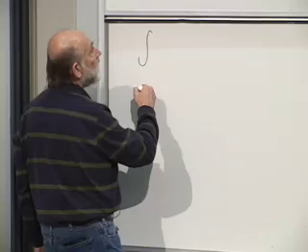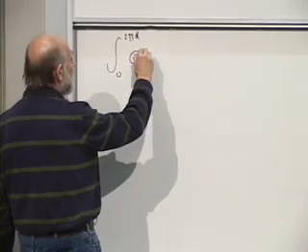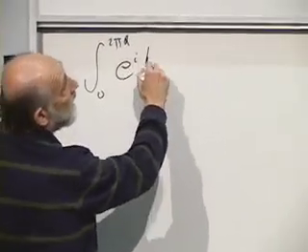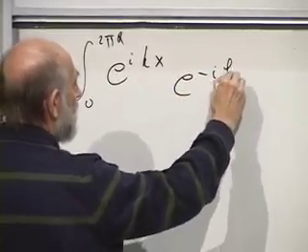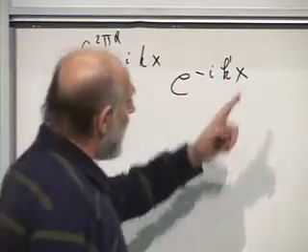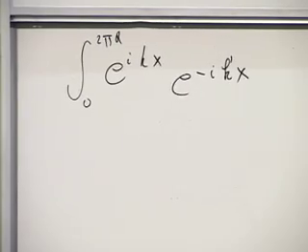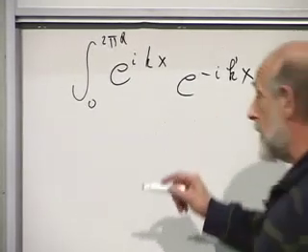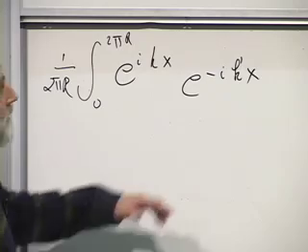This is true if we calculate the integral from 0 to 2 pi r of e to the ikx times e to the minus ik prime x, where k and k prime are allowable values. We have to put a 1 over 2 pi r on the outside. That's the normalization factor.